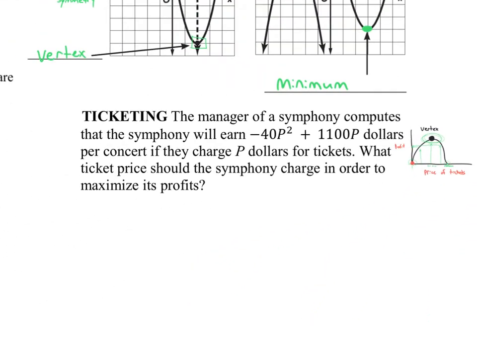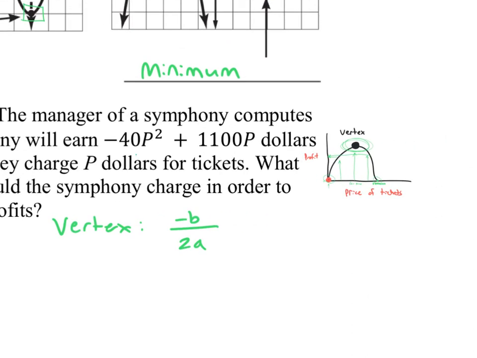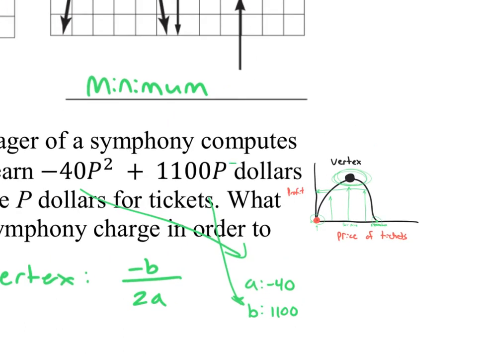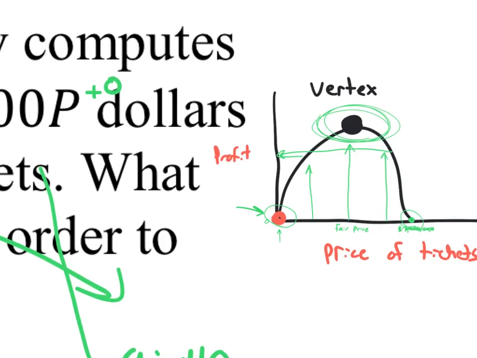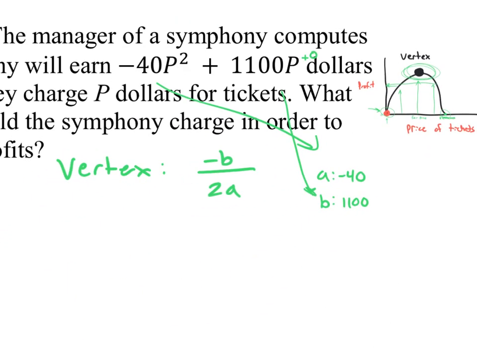So in order to find that profit, we're looking for the vertex. And the way to find a vertex is negative b over 2a. So, based upon our equation up top, our a value is negative 40, and our b value is 1,100. If you're wondering where the c value is, it's 0, because our y-intercept is at 0. So let's do the formula.